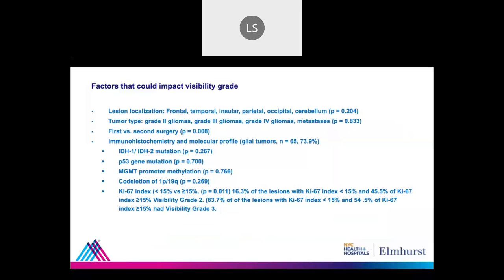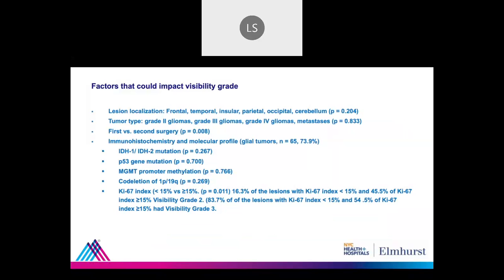The only one that was significant was first versus second surgery, meaning that the lesions that had not been operated on before had a better visibility grade than the ones that had already undergone surgery, which was what we suspected.